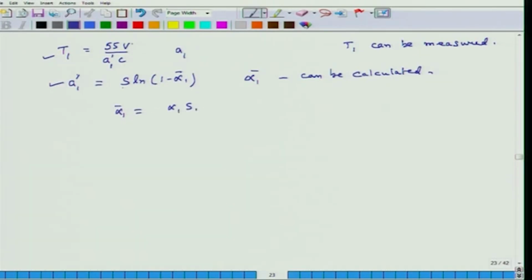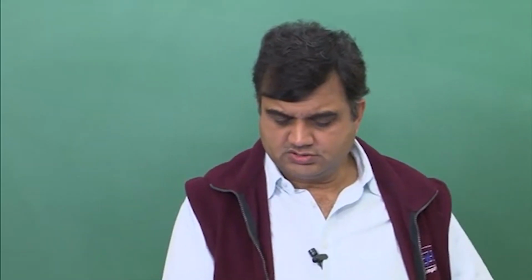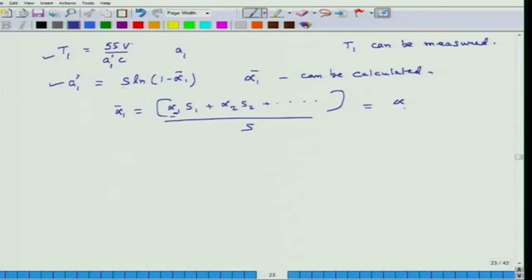Alpha 1 S1 plus alpha 2 S2, and so on, divided by S. So I can also say that all these alphas are some average value, because all of these walls will be made of similar materials, because we don't have chairs and sofas and all these things. Everything is very hard. So I know the alpha of the different reflecting surfaces. So I am at this stage.